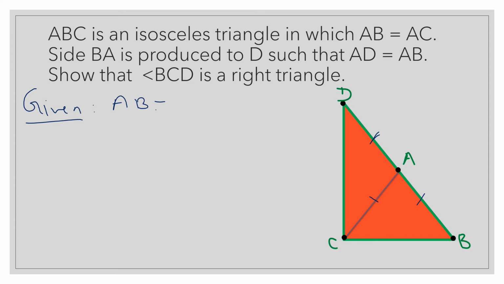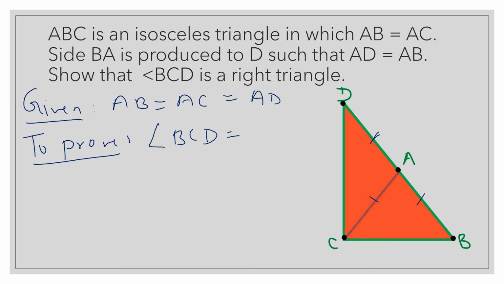AB is equal to AC and AB is also equal to AD. To prove, show that the triangle BCD is a right triangle. Make a correction here. It should be triangle BCD. So that means you have to show that angle BCD is 90 degrees.